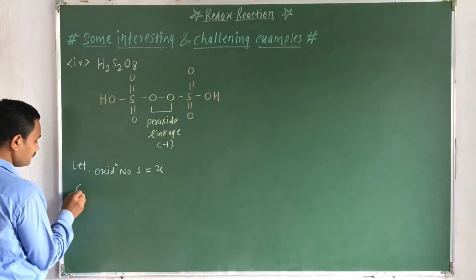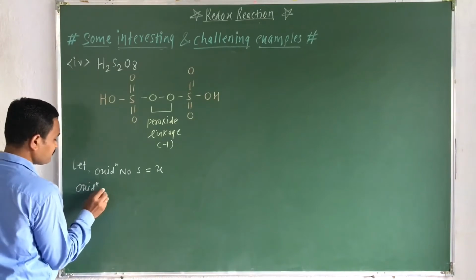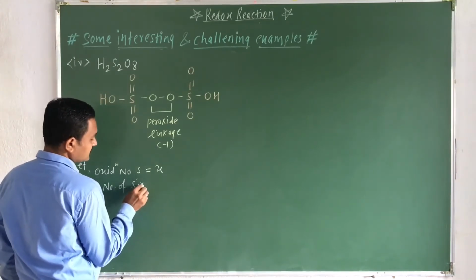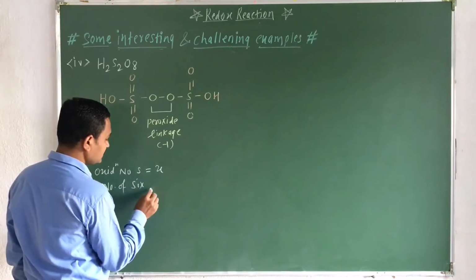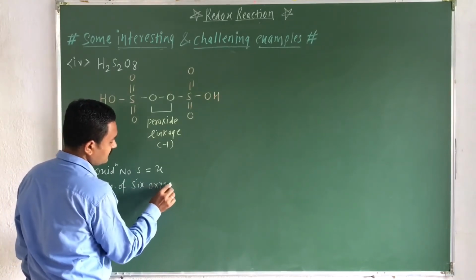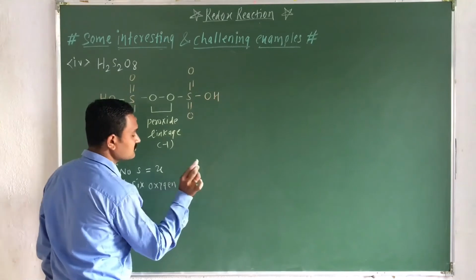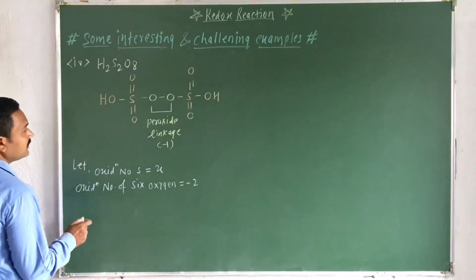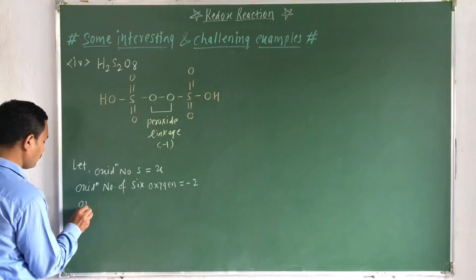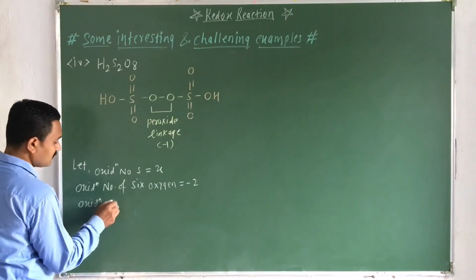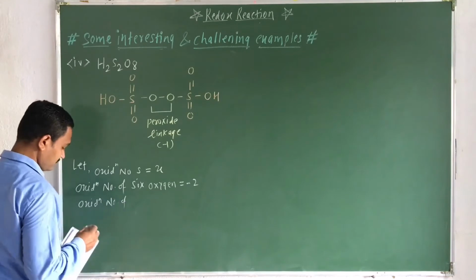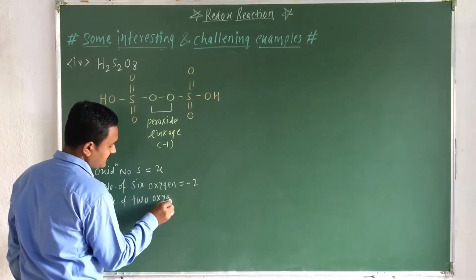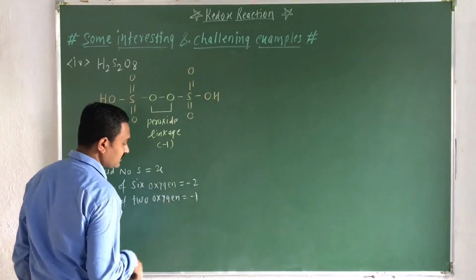So 6, the oxidation number of 6 oxygen atoms will be equal to -2, while the oxidation number of 2 oxygen atoms, that will be equal to -1.